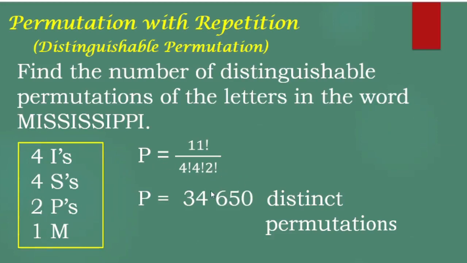So we come up with 1,152. If we divide 39,916,800 by 1,152, our final answer is 34,650. So I hope this one is clear.